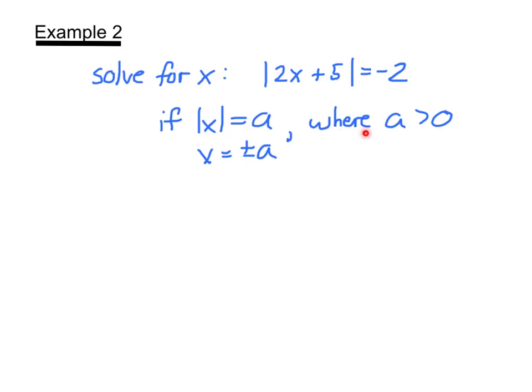This is a really important condition here, and it's a property which I showed you on the first slide of moduluses, that a modulus can never equal a negative number. So there's no number I can put in here for x that's going to turn this modulus into a negative. Therefore, this question has no solution. And remember, no solution is a valid answer in math. Sometimes you just can't do what you're being asked to do.